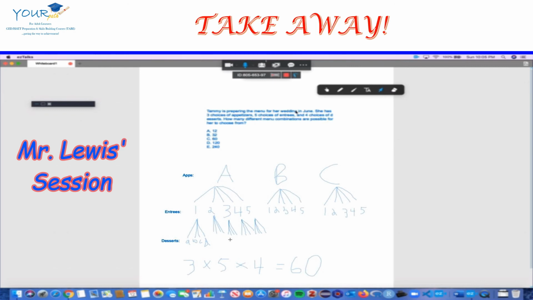The question asks for the different menu combinations possible, and the key word there is combinations. So we have to figure out how many combinations of these 3 different choices are possible. To figure that out, we multiply these three numbers, 3 times 5 times 4, and that gives us an answer of 60, which is option C.